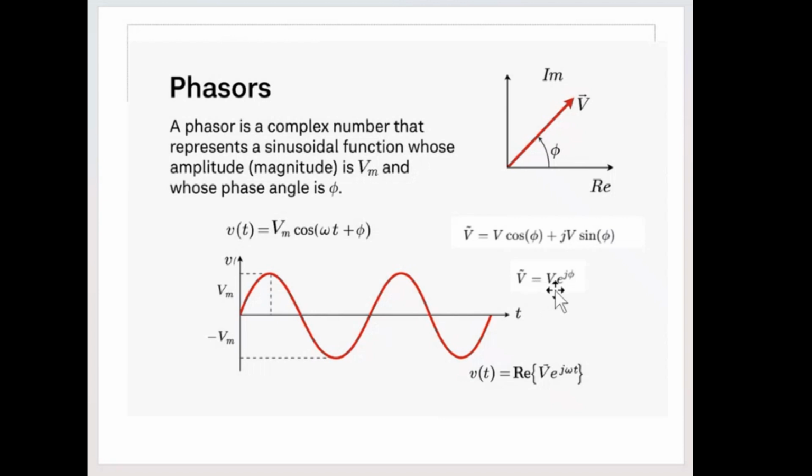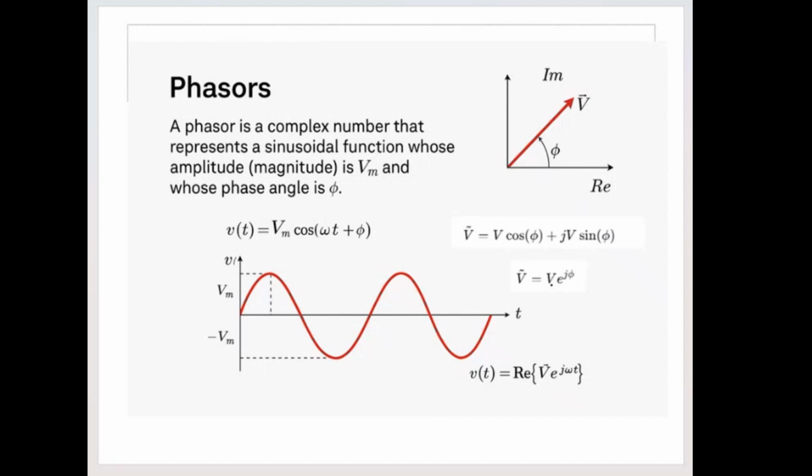Essentially, what you see here as V tilde is the phasor, which equals V_m, the magnitude, and e to the power of j phi, where phi is just the angle. So essentially, the phasor just takes the magnitude of your time domain function and its phase angle, phi, as you can see here.